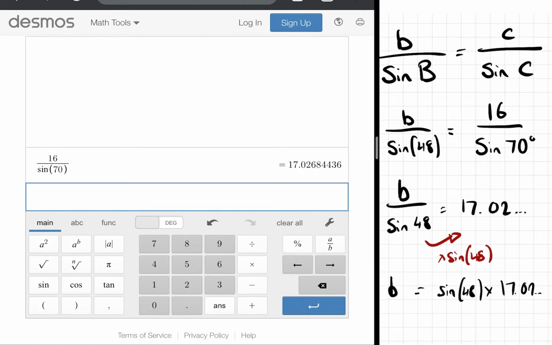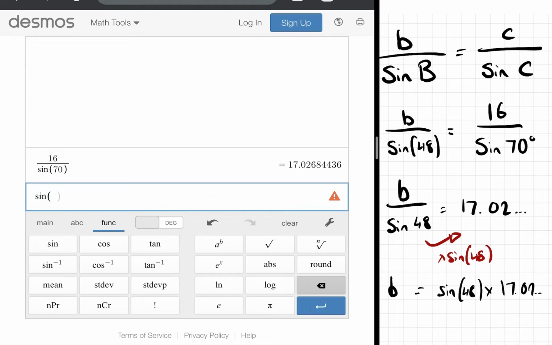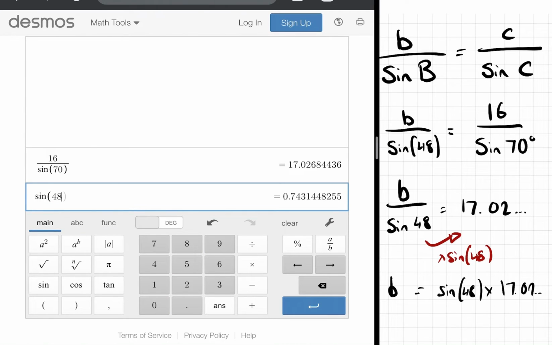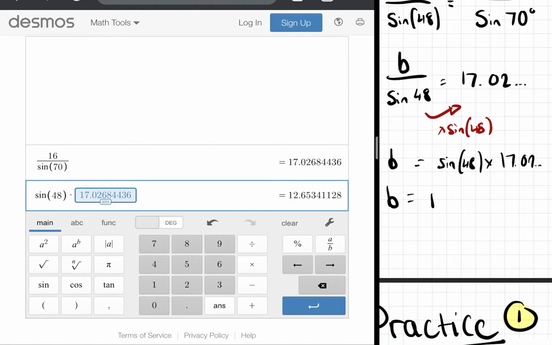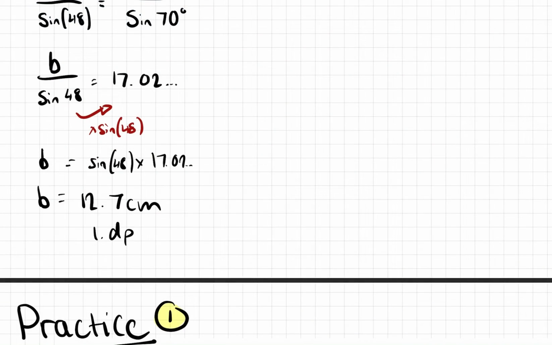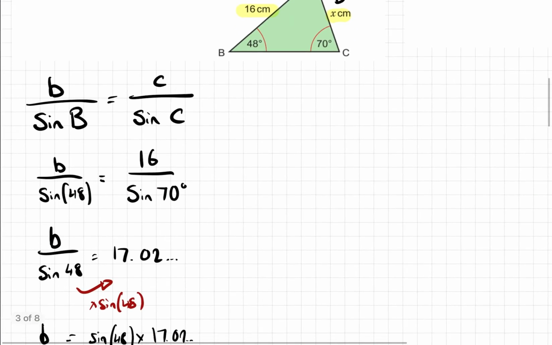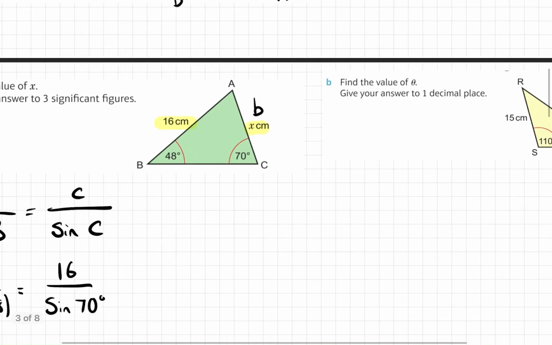So now I simply go sine 48, multiply that by our last answer, and there we are. Our unknown length b equals 12.6. We're going to say to one decimal place, 12.7 centimetres. Oh, three significant figures, yeah, that would be the same.